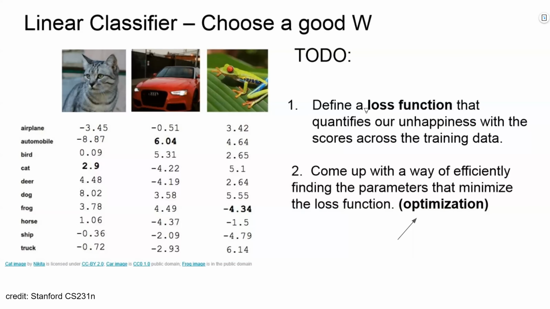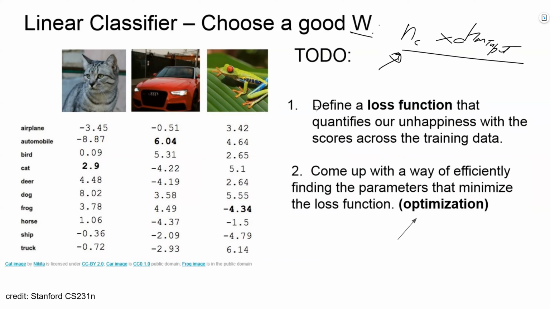And to choose a good W, the structure of W is fixed: the number of classes times the dimension of the input image. So that was the structure of W. However, how do you choose each number in this structure?